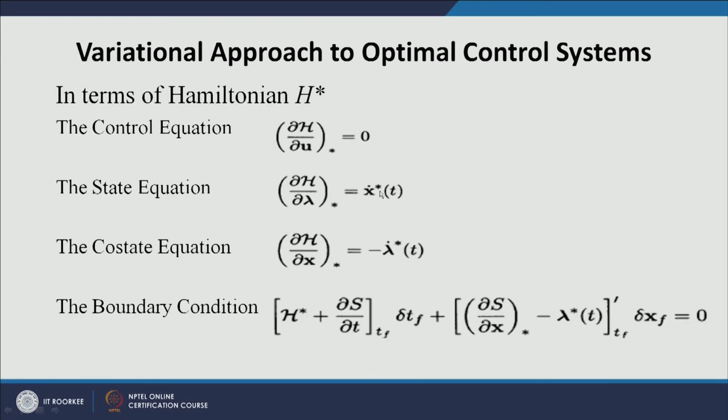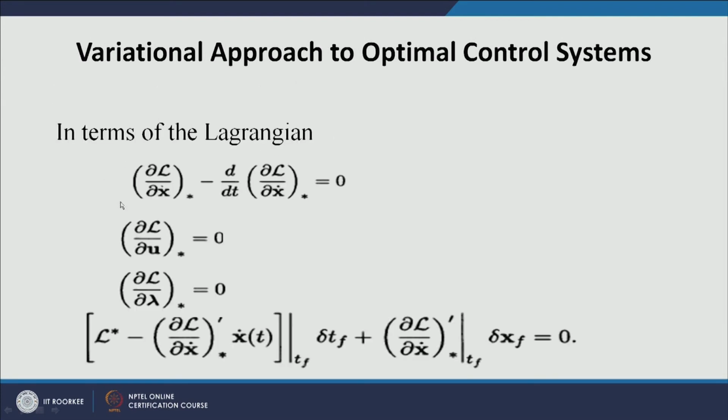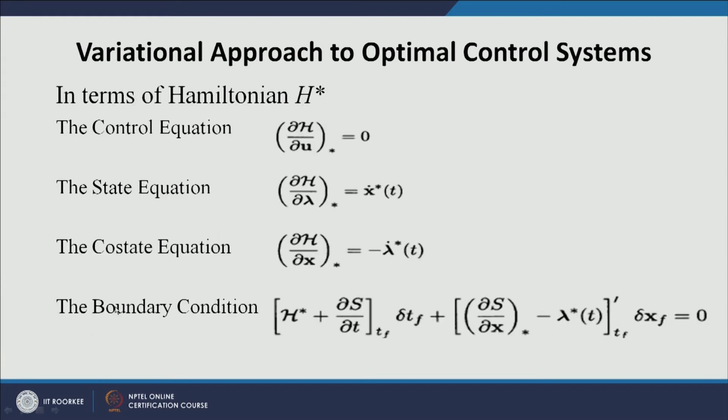In terms of the Hamiltonian, my equations are del H by del U equal to 0, del H by del lambda equal to x dot, which is called my state equation, and del H by del x equal to minus lambda dot, called my co-state equation, with the boundary condition given by H plus del S by del T delta T f plus del S by del x minus lambda T delta x f equal to 0. So, the 4 equations in Lagrangian form can be transformed into these 4 equations in terms of the Hamiltonian.